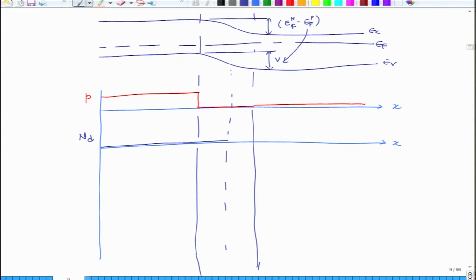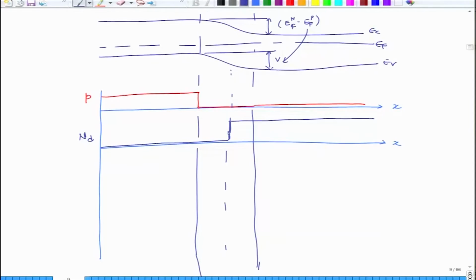It's small up to this region, but then again it goes up, because ND is the donor ion density, they do not recombine, they do not move, it is the free carriers which are moving. The donor and acceptor atoms have not moved, they are atoms, they do not move, it is the carrier which is moving. So you have not moved the donor atom, which is staying there.